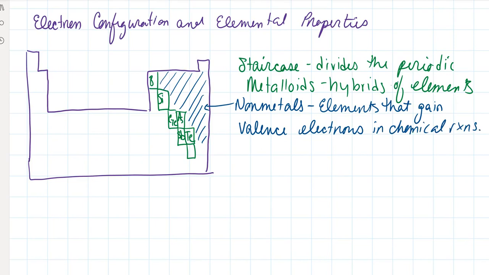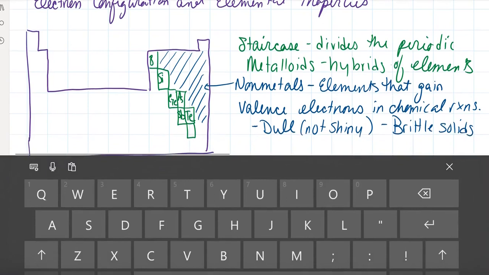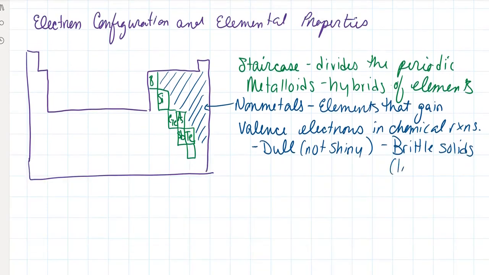We'll also see that a lot of these nonmetals are often very dull to look at. They're not very shiny. They're often very brittle substances if they're solids. But we'll normally see that they also exist as liquids and gases.